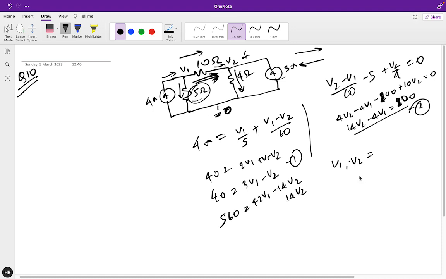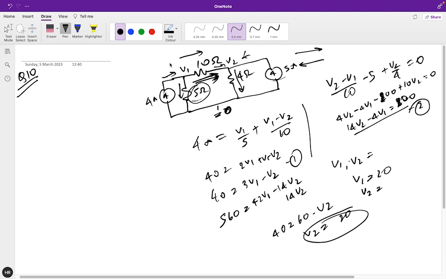I got v1 as 20. Put the value, and v2 will come as 20 as well, right? v2 will also come 20 only.